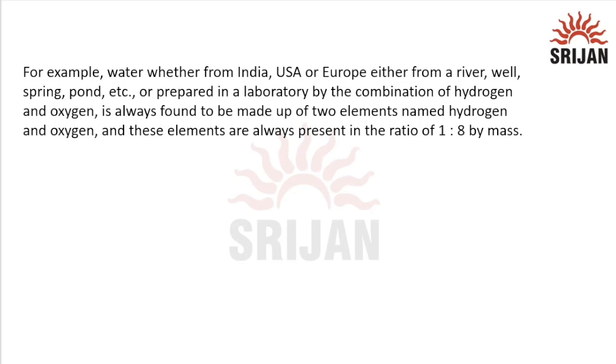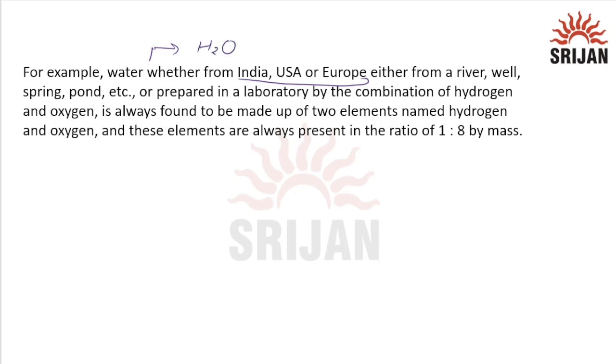Now, let's take an example. No matter from where, irrespective of the place, you are taking the water sample to study, it can be from India, USA, Europe or any other place, the formula will always be H2O.